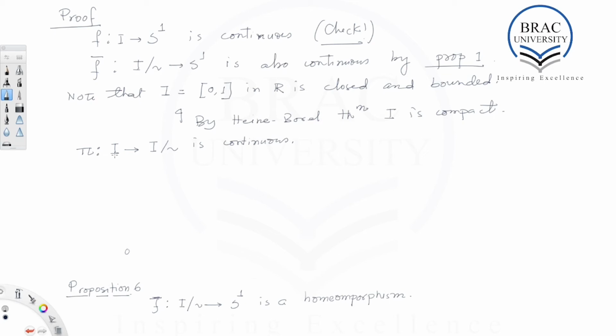This is surjective, clearly, and the image of I under pi is compact by proposition 4, because this is a continuous map. I is compact, so pi of I, which is equal to this quotient space, is compact by proposition 4.